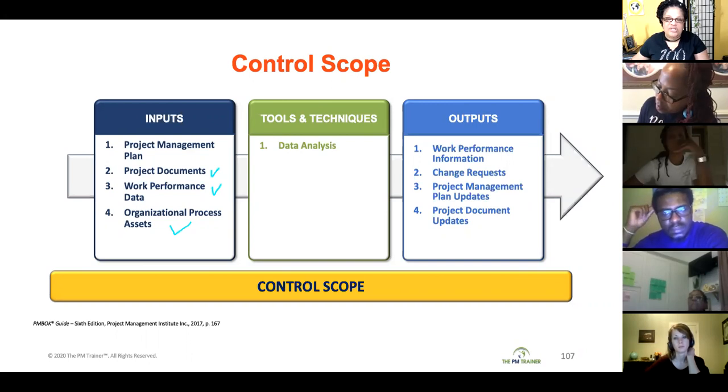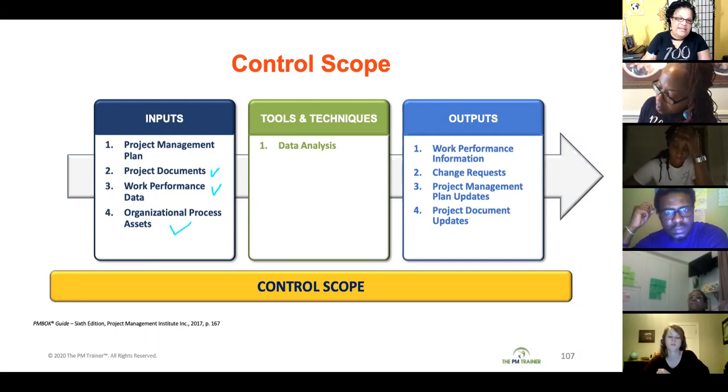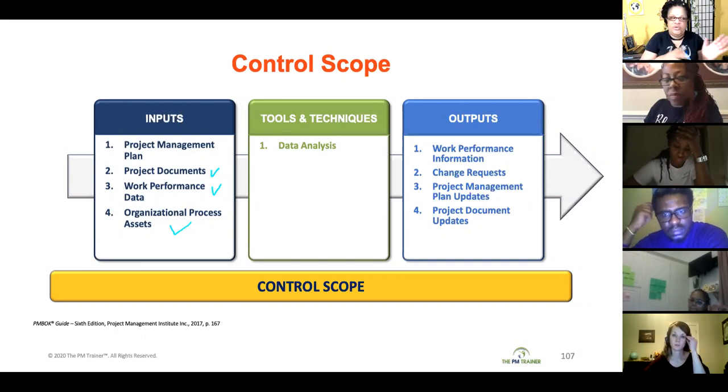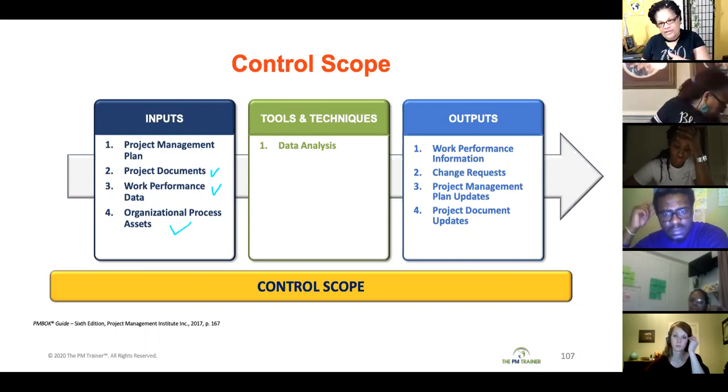So as soon as that scope change comes in, you're going to be analyzing that scope change against the impact to the other areas of your project. You may do some variance analysis to see if we do it this way, it's going to have that impact. If we do it that way, it's going to have that impact.